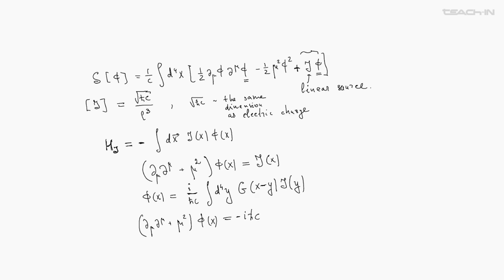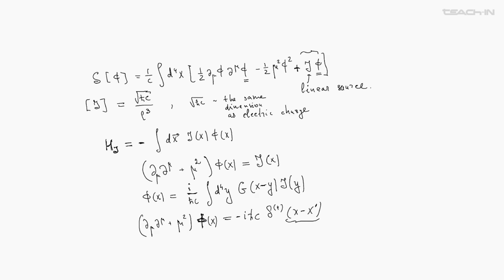So an impulse which appears at x equals x prime, and it is the right-hand side of the equation which defines for us the Green's function.